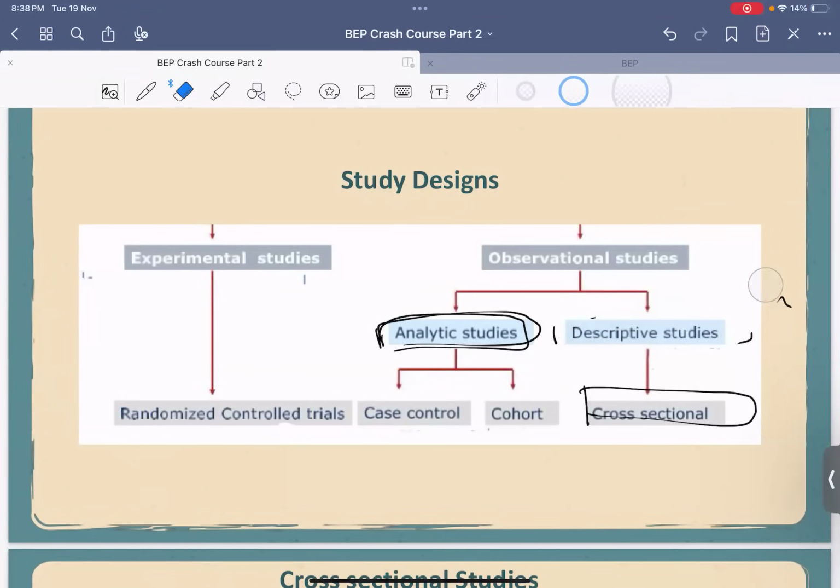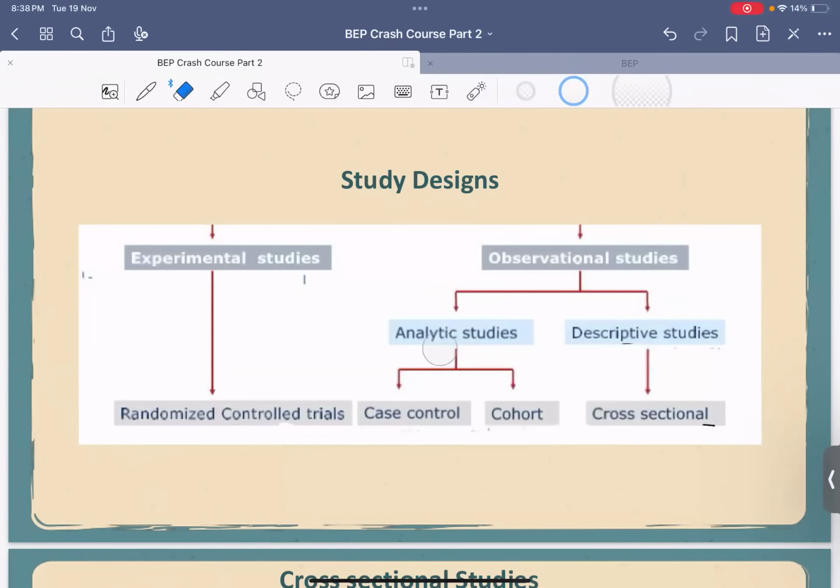You're trying to see if something causes another thing. It can be prospective or retrospective. For example, you see many people have lung cancer, and then you go back and see if those people were smoking, and then you try to analyze this relationship. So this is analytic, it's not a descriptive study.